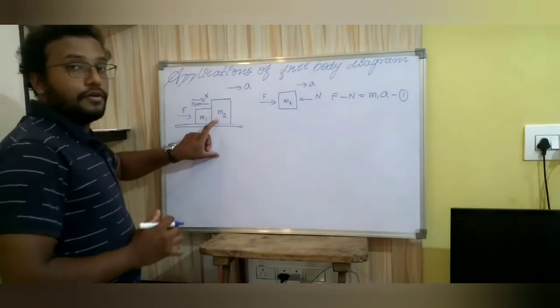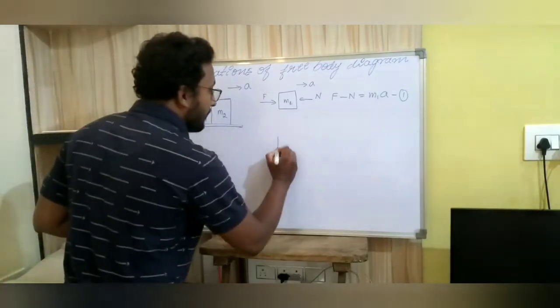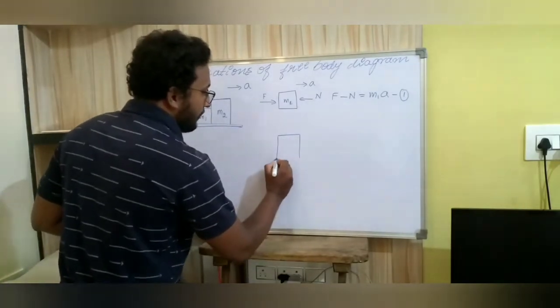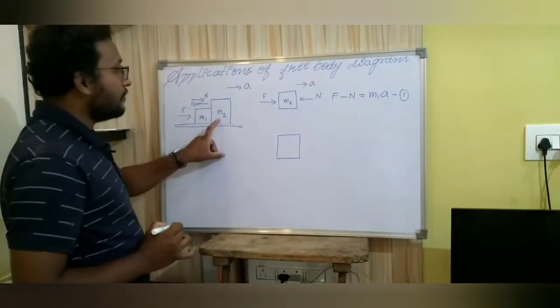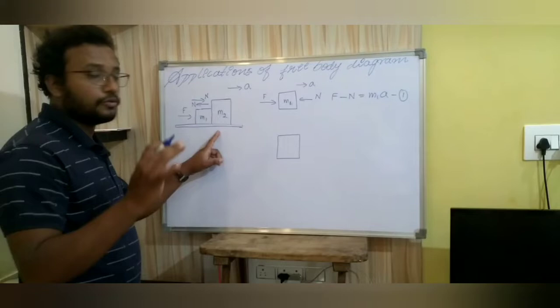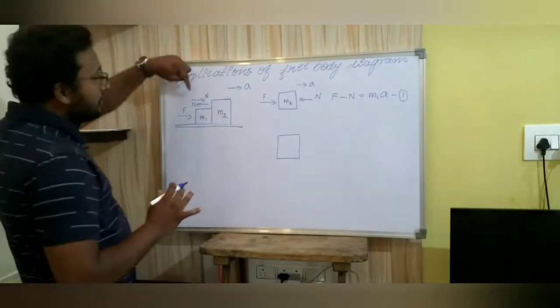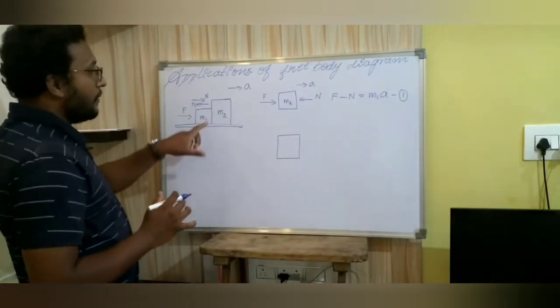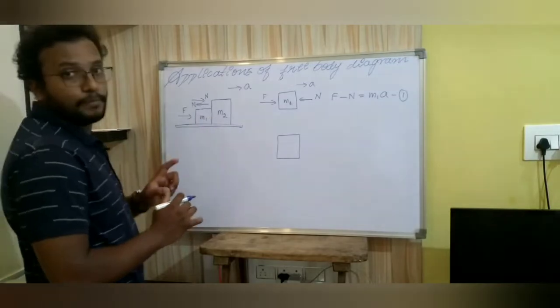Similarly, for m2, if I write the free body diagram, you can see that there is only one force acting on m2, because there is no friction, because the surface is smooth. That one force is this normal reaction provided by m1 on m2.